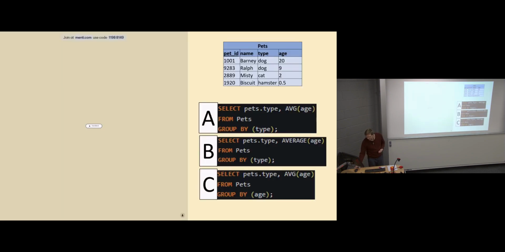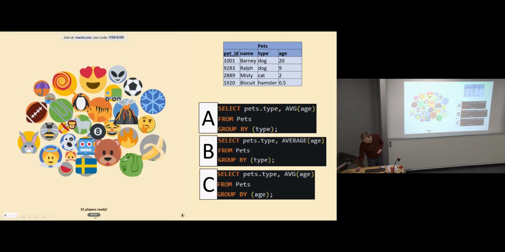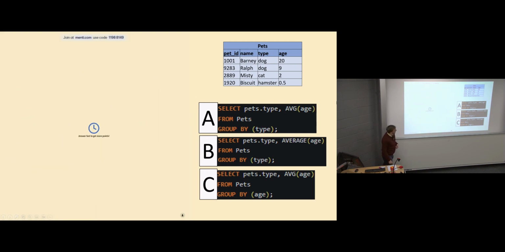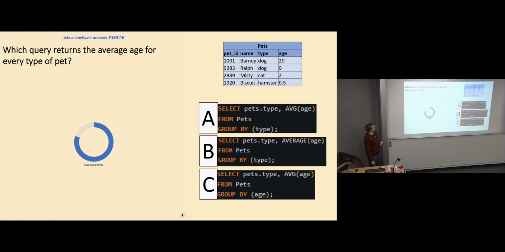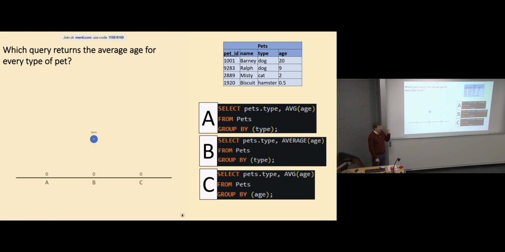Okay, number 2, so we've got some SQL statements on the right, and the question is related to grouping and aggregating. Which query returns the average age for every type of pet?